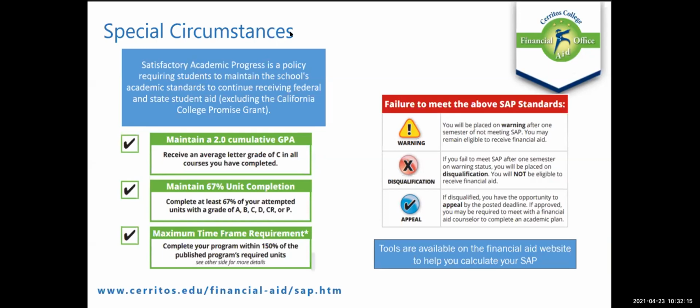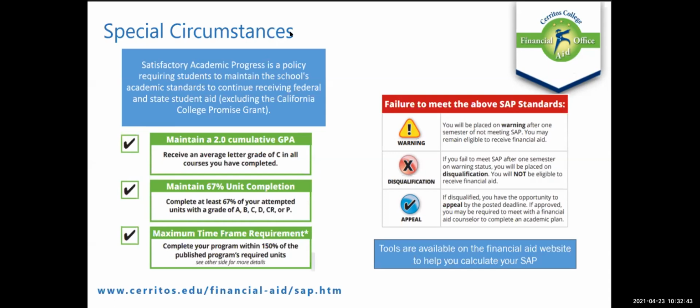What that means is, of all the classes you're attempting or registering for, if you drop anything after the add/drop deadline, or if you don't pass that class, it starts to count against you. If you drop below completing 67% of your units, and that's cumulative, then you would no longer be meeting SAP.